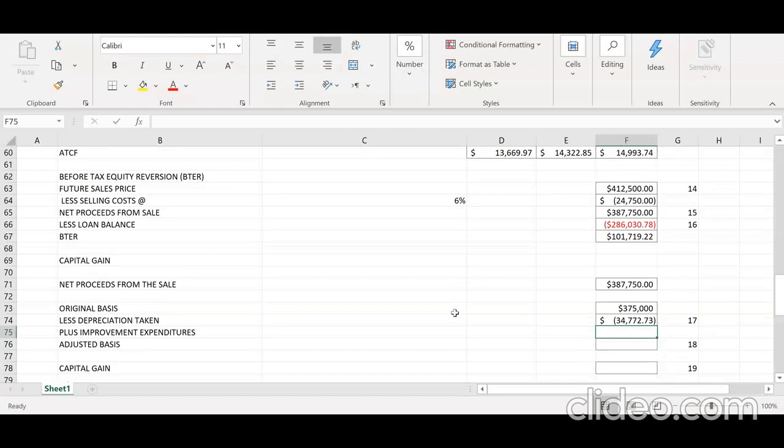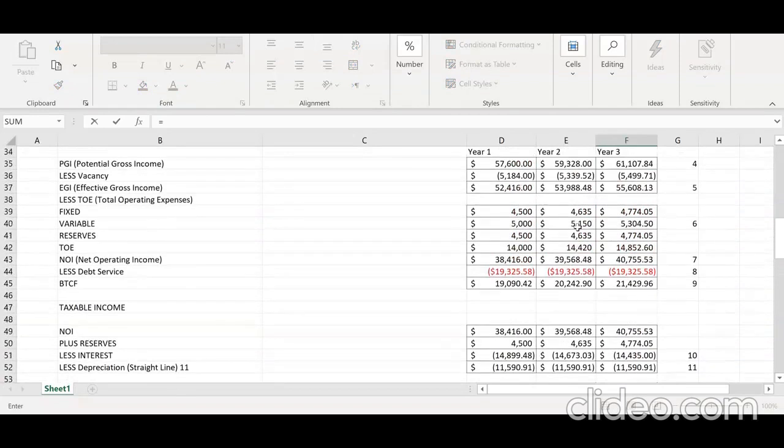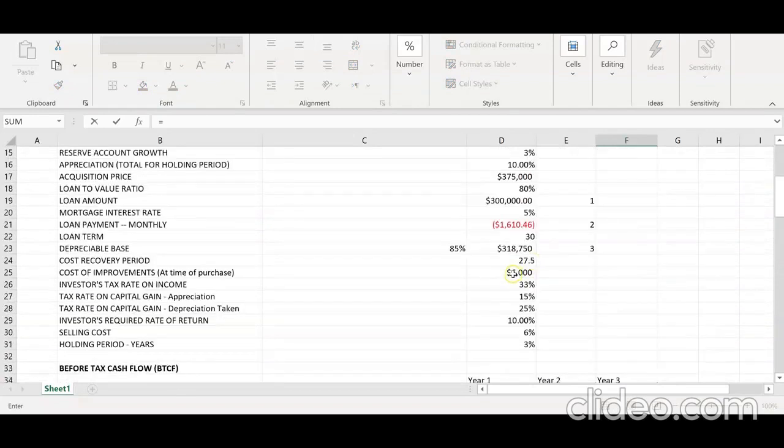And for the plus improvement expenditure, it is going to be equal to the previous amount of the costs of improvements, which is 6,000.